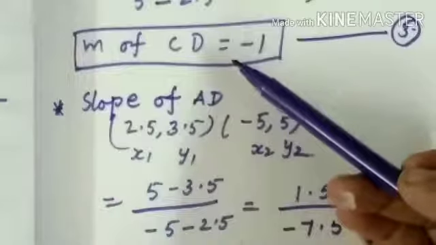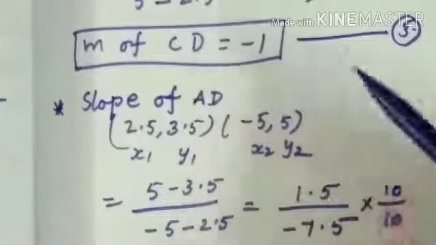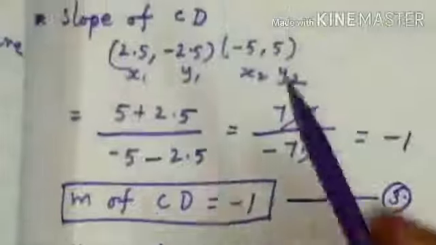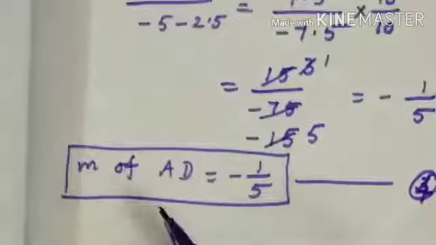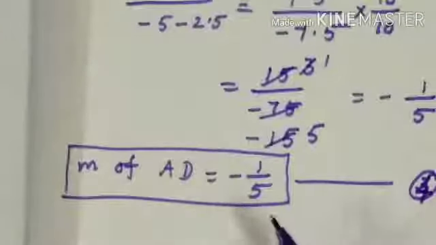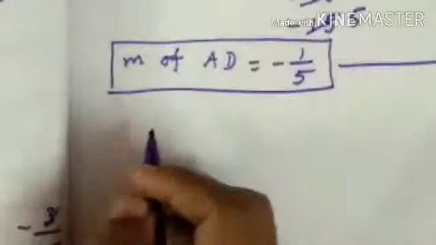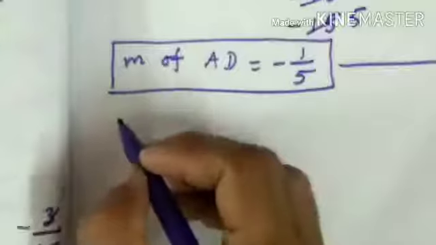Therefore, AB parallel to CD. Then next you have to observe slope of BC is equal to minus 1 by 5. Then slope of AD also minus 1 by 5. So from this we get a conclusion.